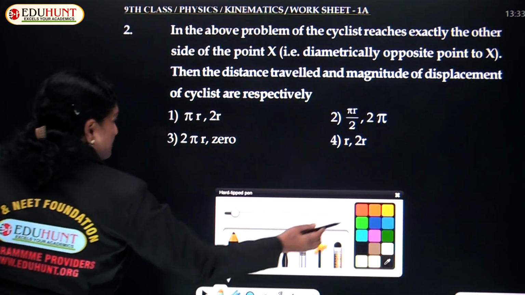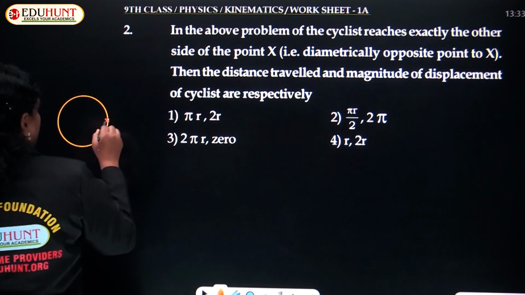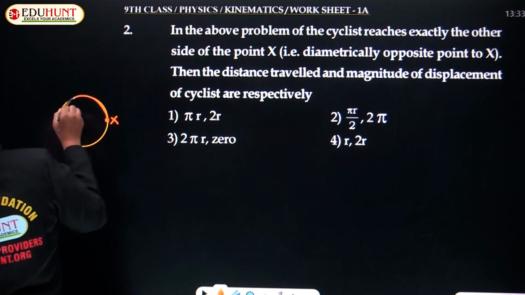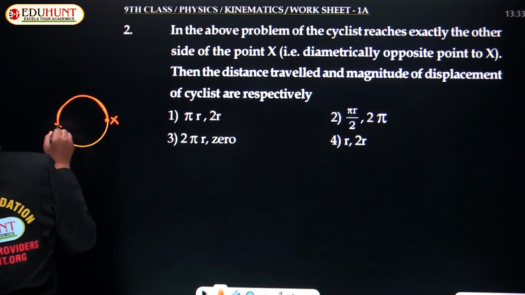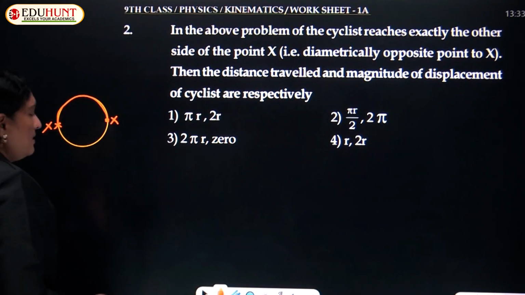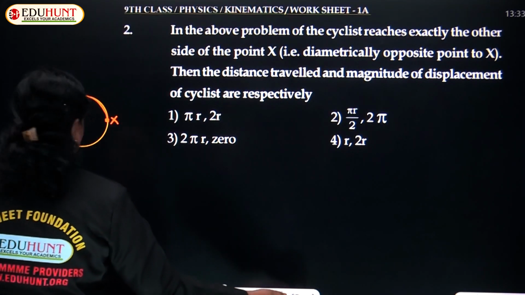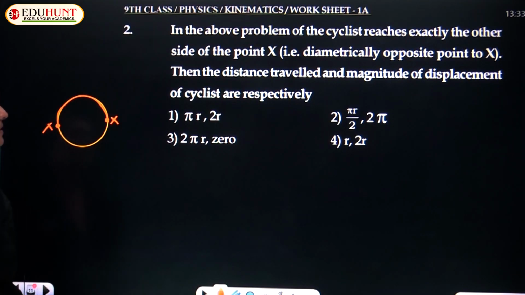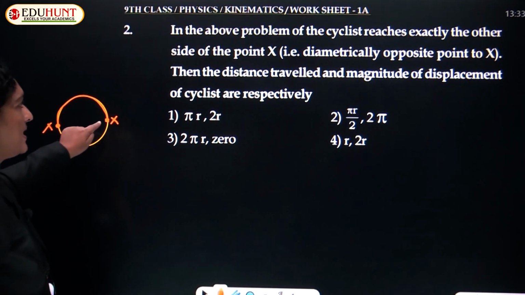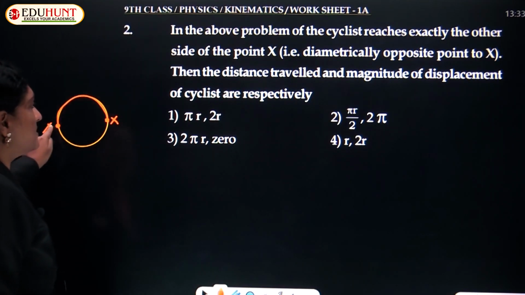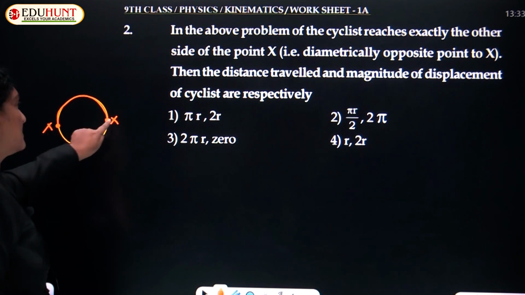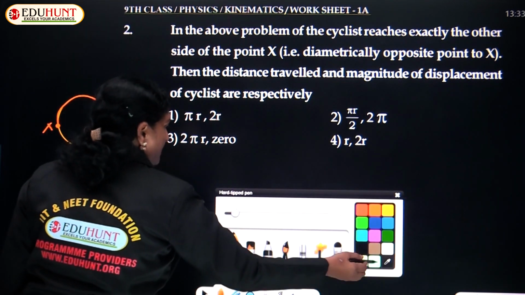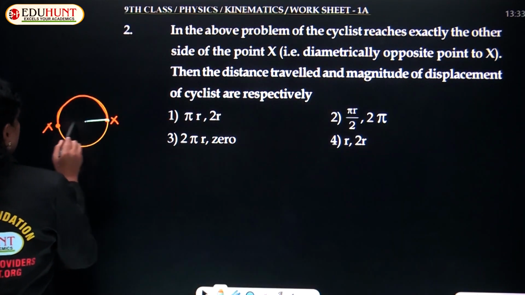The person has begun his journey at position X. Exactly after traveling like this, he reaches exactly the opposite position. That's it. In the above problem, the cyclist reaches exactly the other side of the point X, that is diametrically opposite to point X. So from here to here.